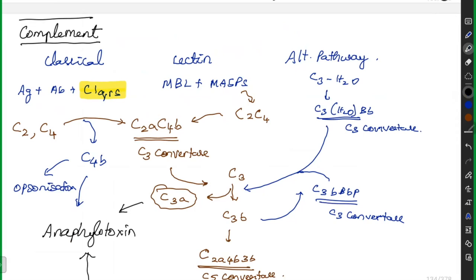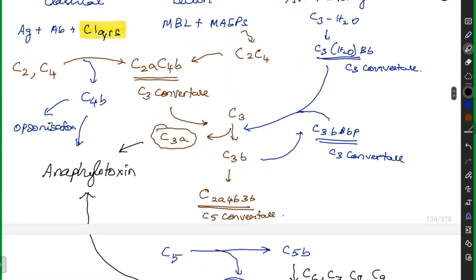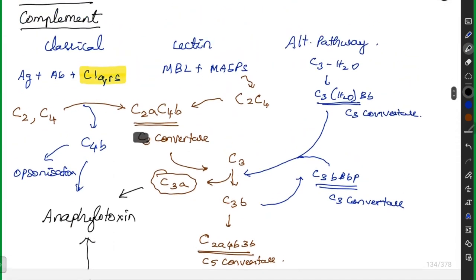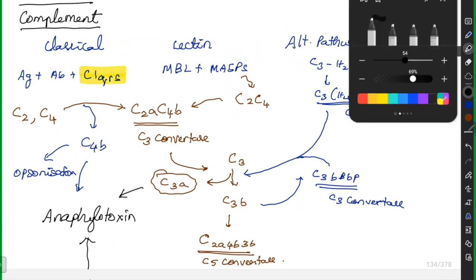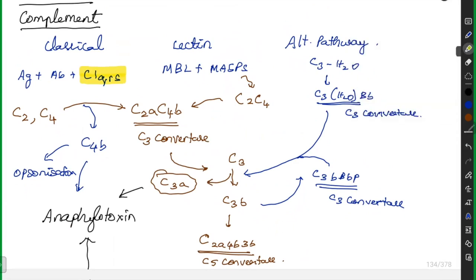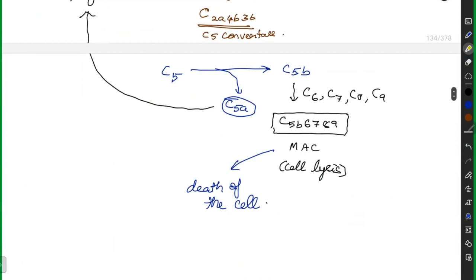Or we can block the formation of C3 convertase by giving decay activating factor. Then you have CD59, which is going to inhibit the membrane attack complex.